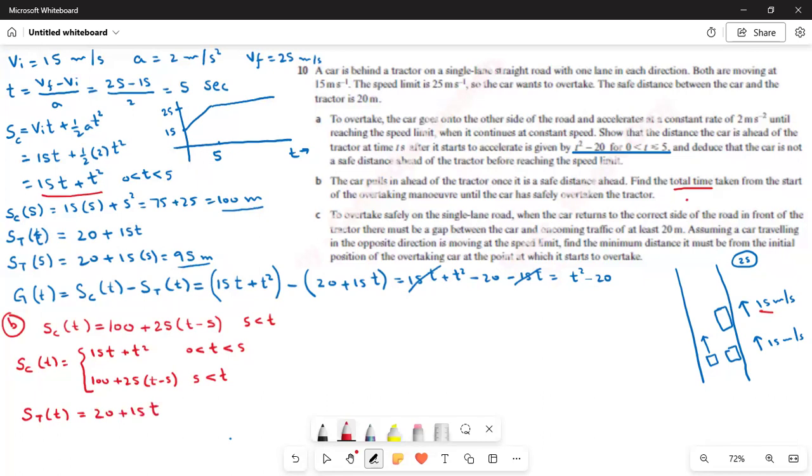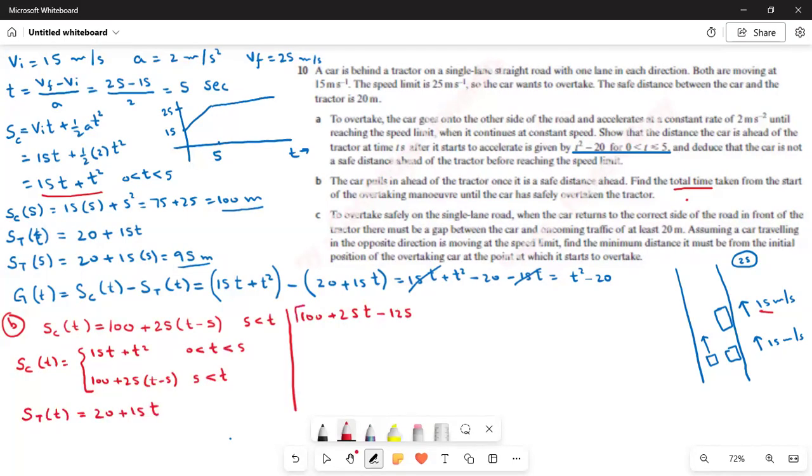Okay. So now this gap between the tractor and the car, since I'm talking about the time after 5 seconds, is 100 plus, and I will open this bracket, 25t minus 25 times 5, which is 125.